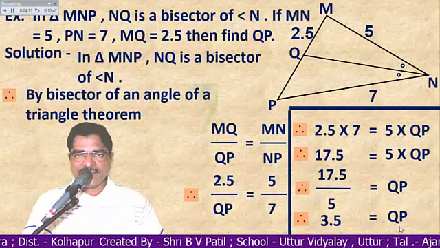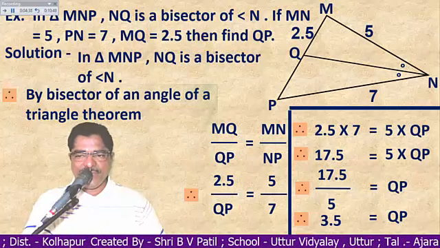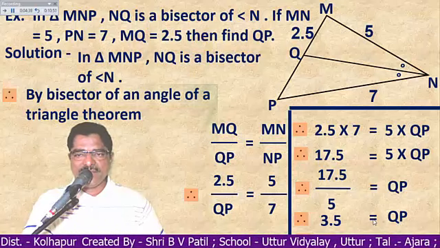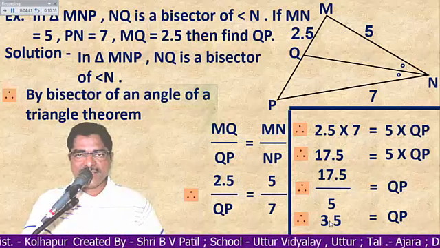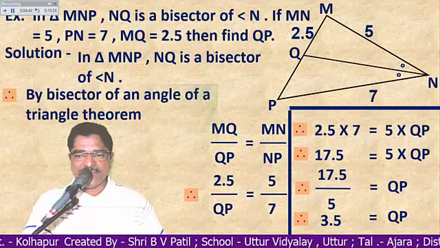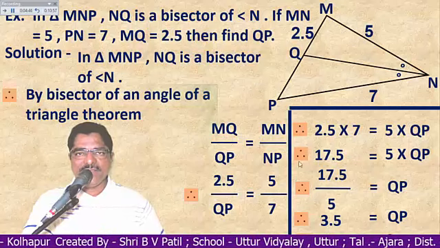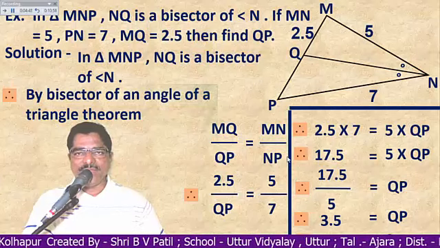Therefore QP is equal to 3.5. In this way we can solve the example.